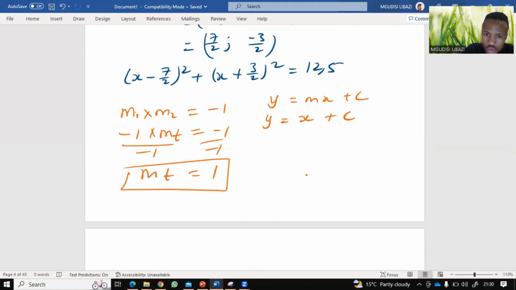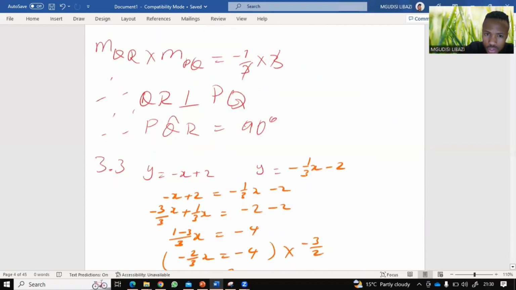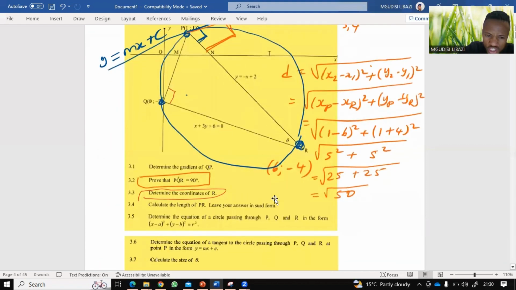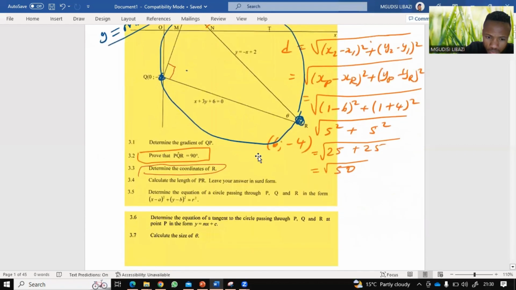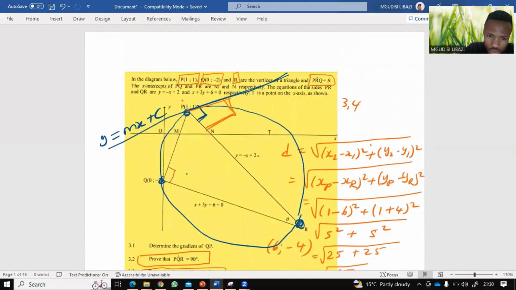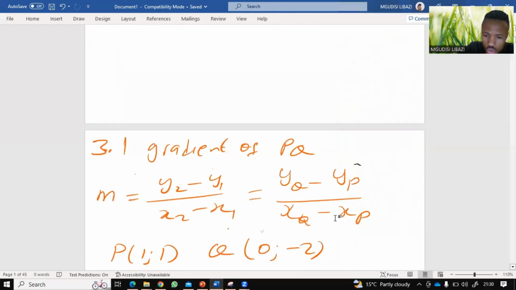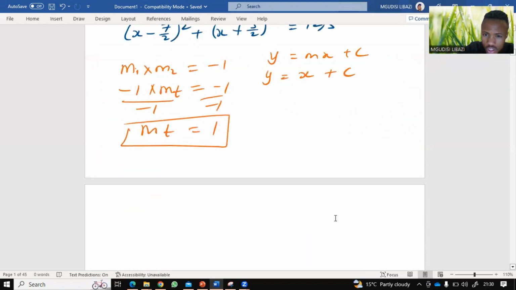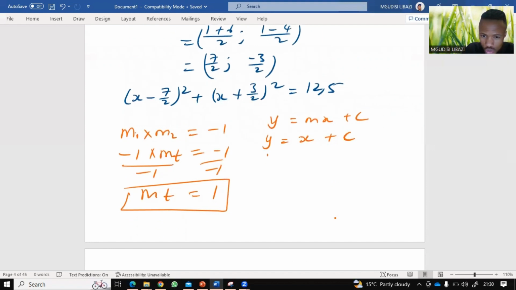And now we can use the coordinates of P, because they said it is passing through point P. So we need to use those coordinates, which is 1, 1, to find the value of c. So we put 1 is equal to 1 plus c, and taking that to the other side, 1 minus 1 is 0.